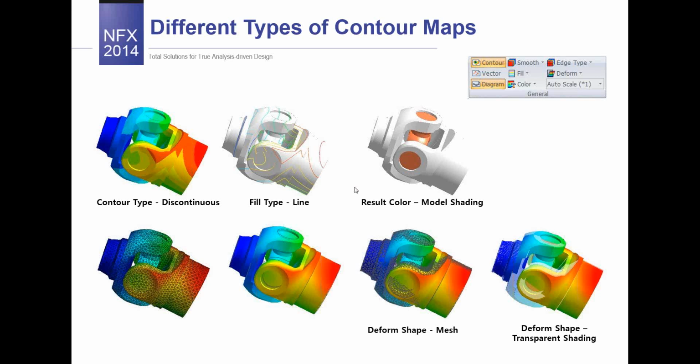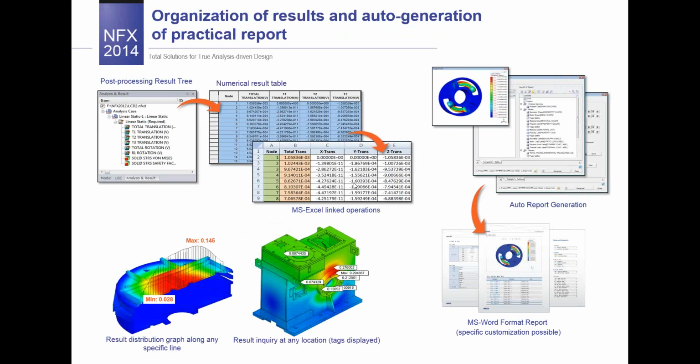So there are many variations for the post-processing and contour mapping. In NFX, it's also possible to display your results using the Probe tool to get information about your result directly from the node or element. And a very interesting post-processing feature is displaying the graph directly on analyzed parts. So this is the result distribution.